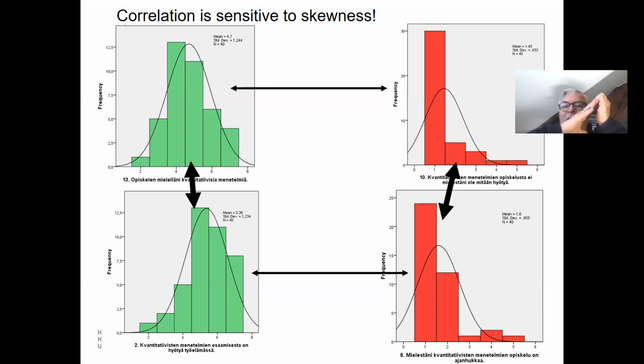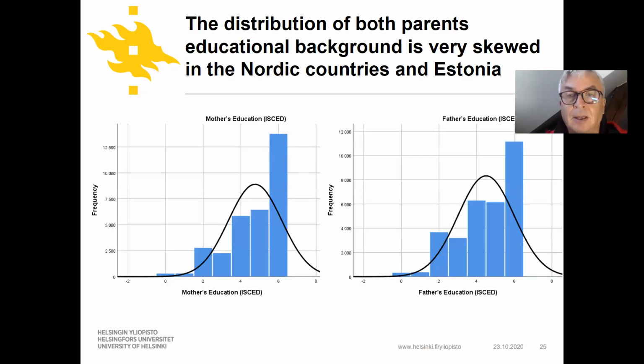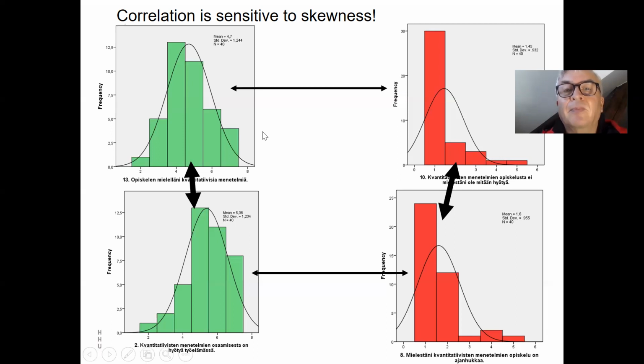And that would be a skewed distribution. You would see the same as here. Strong disagreement. And so the negative items would be strongly skewed. The positive items would be more or less normally distributed, like here.